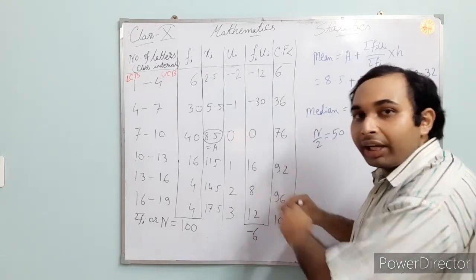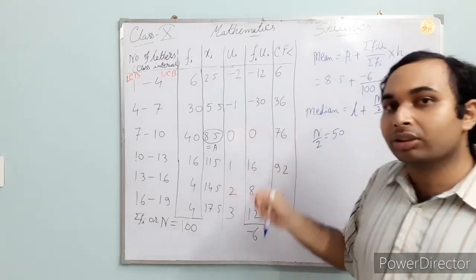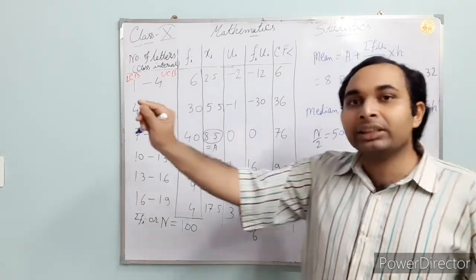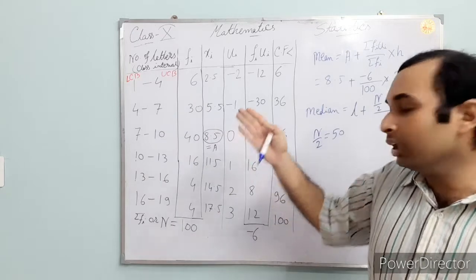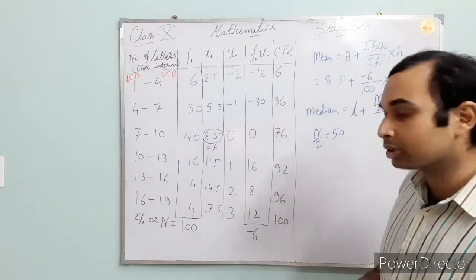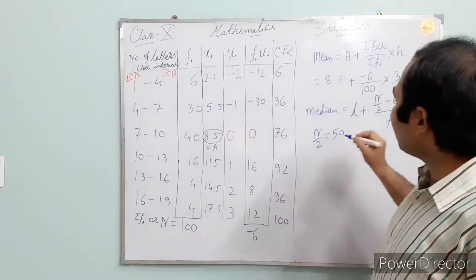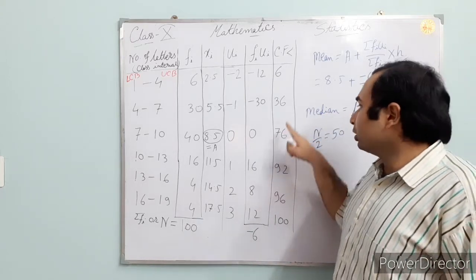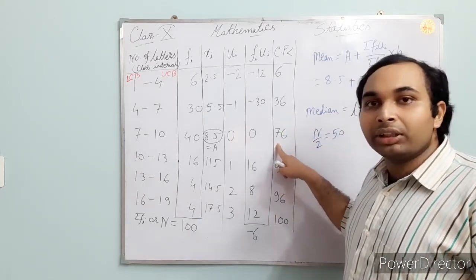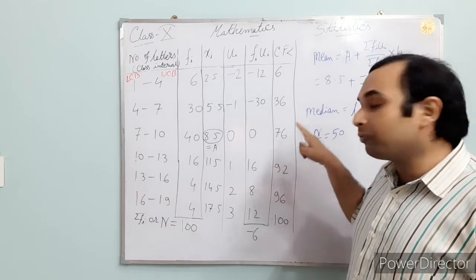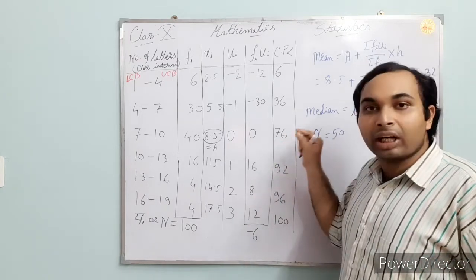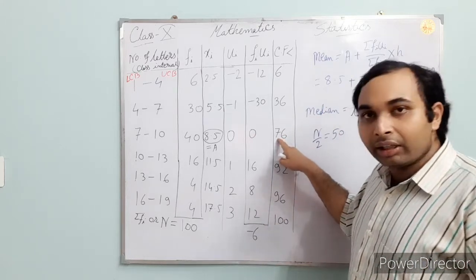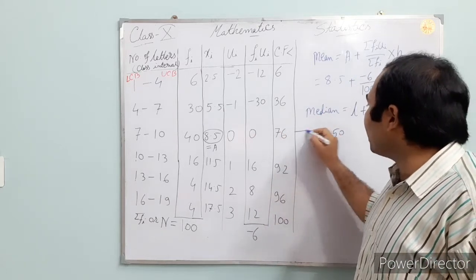Those are the serial numbers of the data if you arrange them in ascending order. Now 50 is falling here because in this row from 37 to 76 those data are there. So the 50th term is falling here. So this is the median class.